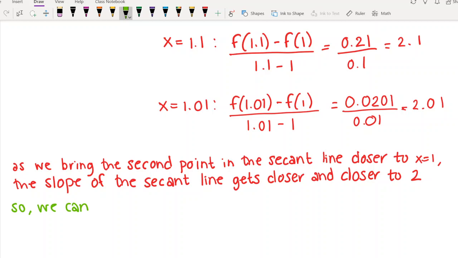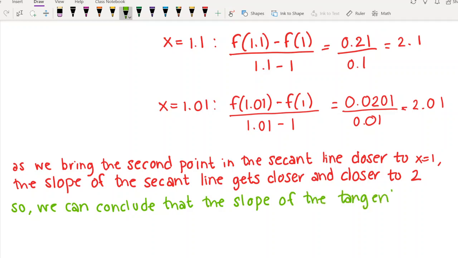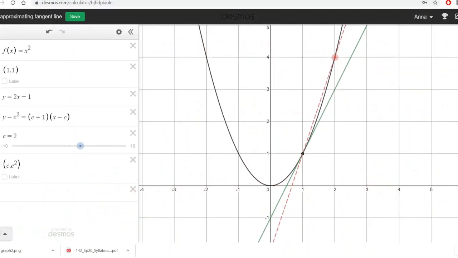If you see this kind of thing happening, you can from that conclude that the slope of the tangent line is 2. So meaning that the instantaneous rate of change of this function at x is equal to 1 is 2. So as promised, let me just show you a little bit of a better picture of this.